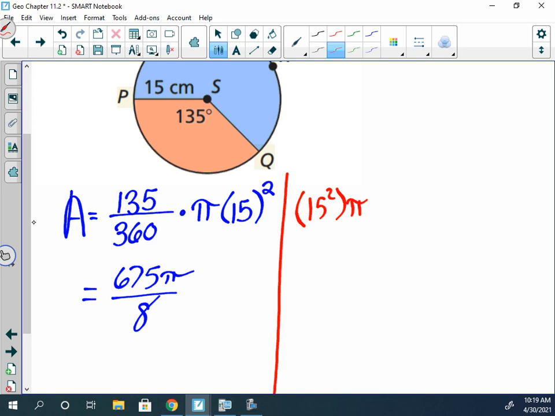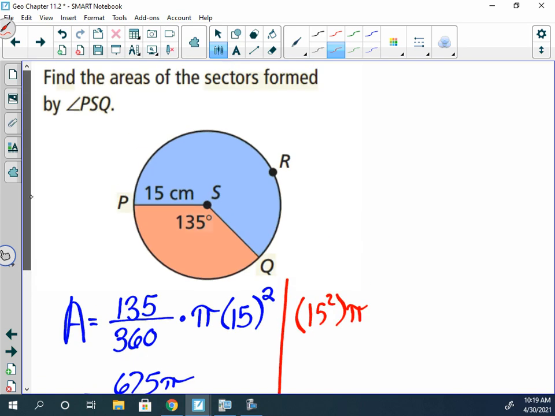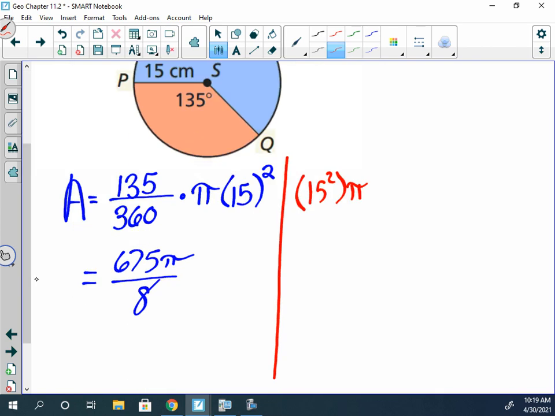Because that is the area of the entire circle. Find the areas of the sectors formed by this here. And the homework is going to ask for both. It's going to ask for the one in blue and the one in red. It's hard to tell. It won't print color on the note sheets.